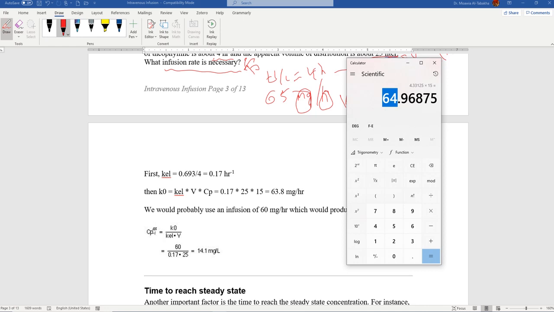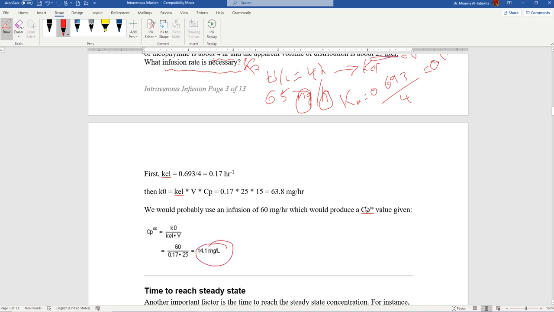Of course it will decrease, because you are using a lesser infusion rate. So 60 divided by 0.17 multiplied by 25 will be your steady state. An infusion rate of 60 milligram per hour will give us a CPSS of 14.1 milligram per liter, which is of course less than 15 milligram per liter.